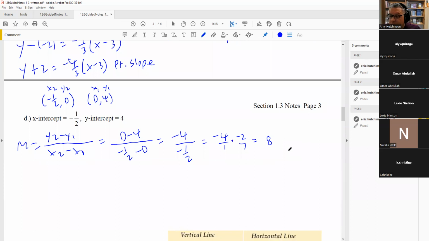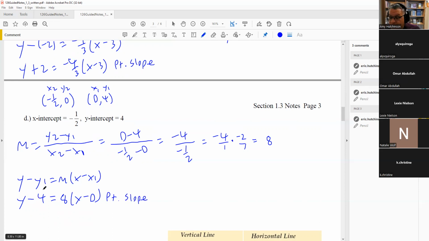Now I want to get the point slope form on this. So I have y minus y1 equals m times x minus x1. I already have y1 labeled, so let's go ahead and use that. Y minus 4 is going to equal 8, and I have x minus 0 for that one. This is the point slope form.